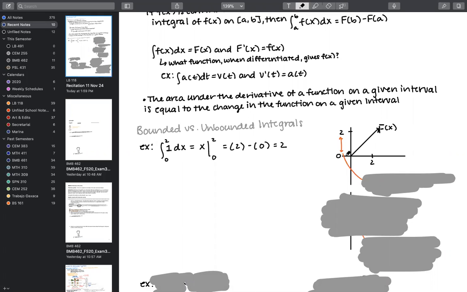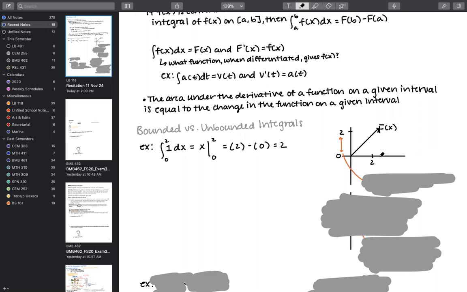So going back to this interpretation of the fundamental theorem, the area underneath the derivative of a function on a given interval is equal to the change in the function on a given interval. Regarding the change in the function from 0 to 2, as specified by our bounds over here, we want to know what the change in f of x is.